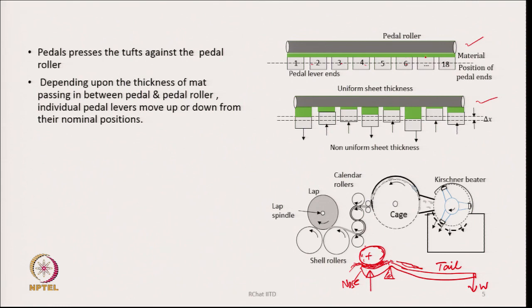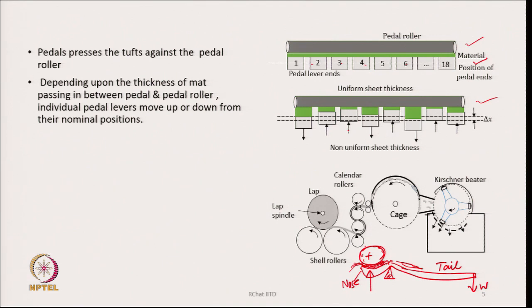So, when the sheet thickness is more or less uniform, or the thickness of the mat is nominal, then there is a certain location, let us say that location is here. From that location the individual pedals will move up or down depending upon the mass of material in between the pedal nose and the pedal roller.